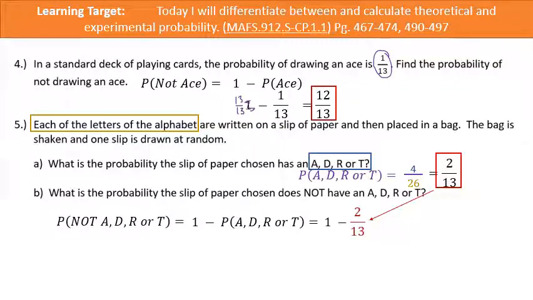Well, we just found that in our previous part A. It's 2 out of 13. So we're looking for 1 minus 2 over 13. Let's change 1 into something that makes sense for us. 13 over 13. 13 minus 2, 11 over 13. That's our answer, 11 over 13.